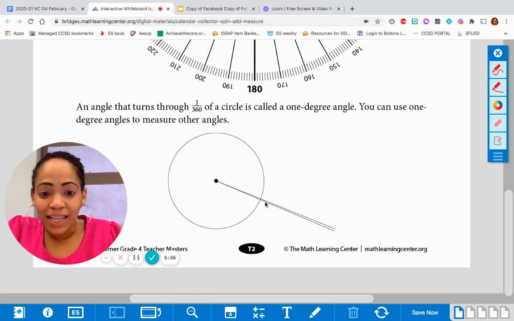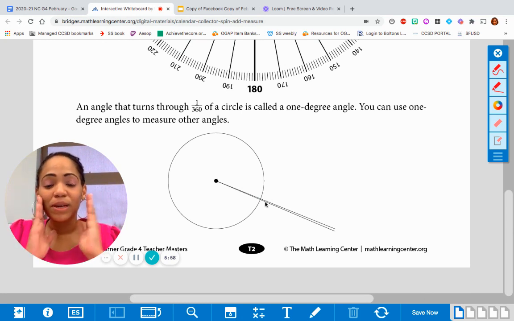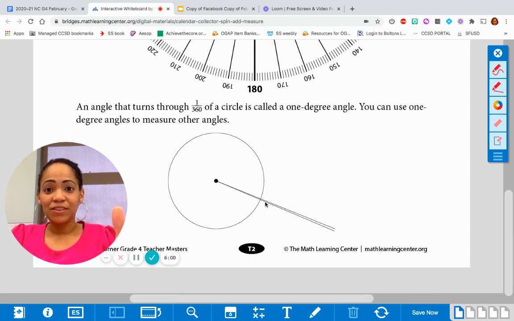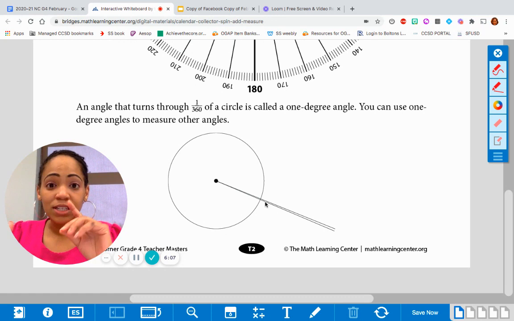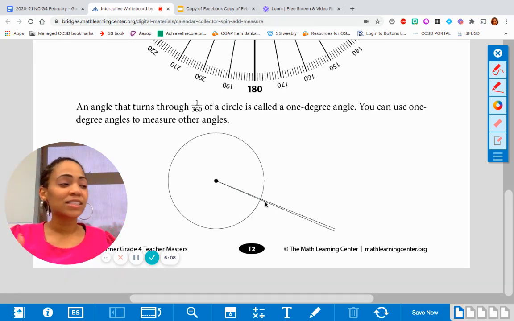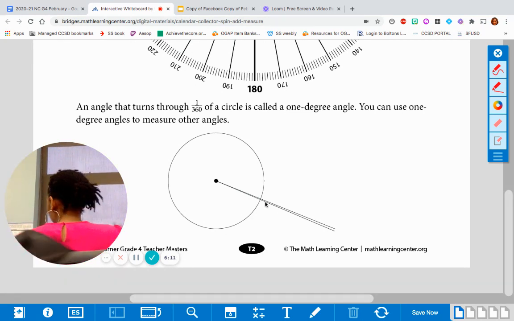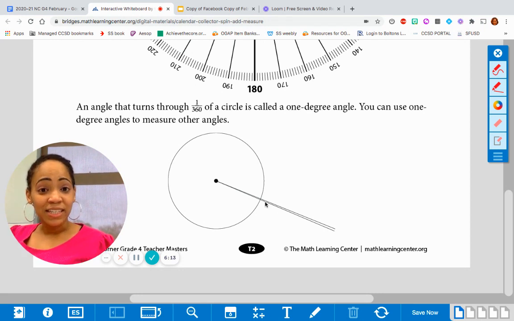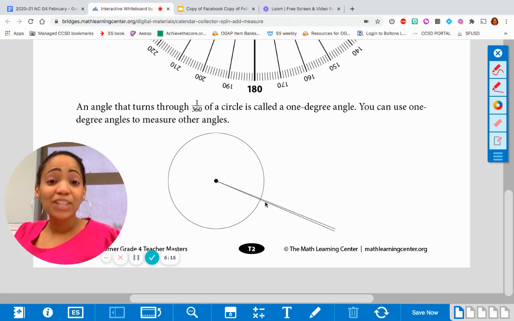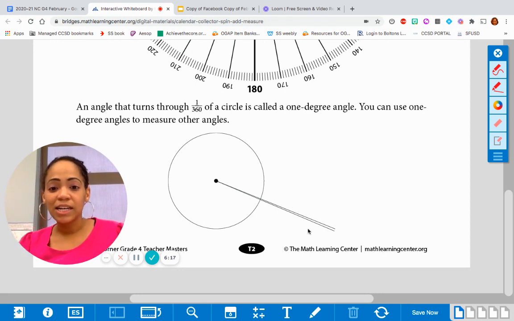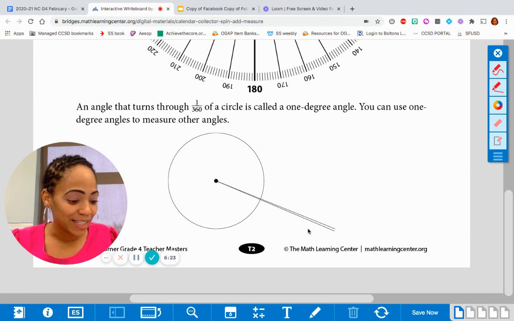This is 1 degree. It's so tiny. So maybe if we think about our body and we're facing forward and you turn like this, maybe not even that much, ever so slightly, you just turn 1 degree. But how many degrees is it if I turn all the way around? How many degrees? Right, 360. So what you're seeing here is 1 360th. I think that's how you would say it if you're reading it in fractional terms.